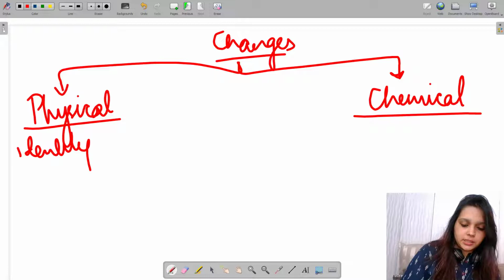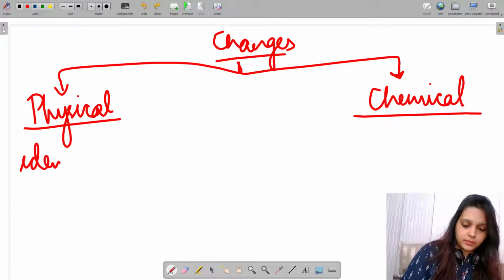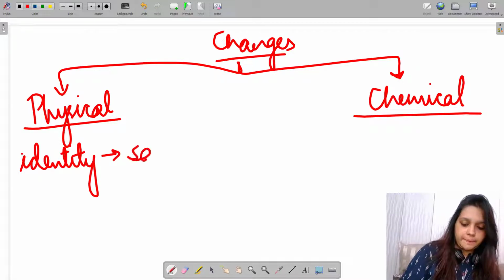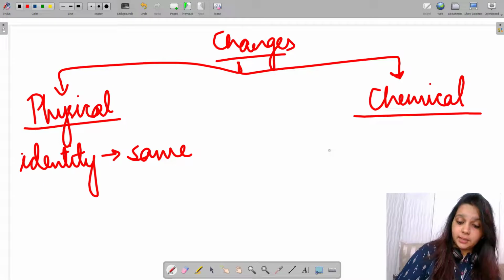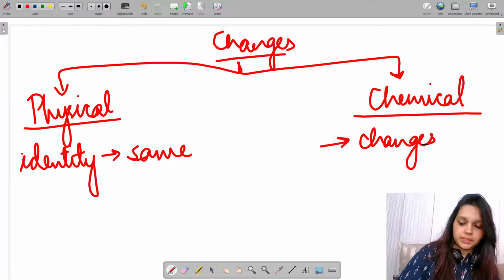The identity remains the same. I'm going to write that better. Identity same. But in a chemical change, the identity changes, it alters, right?